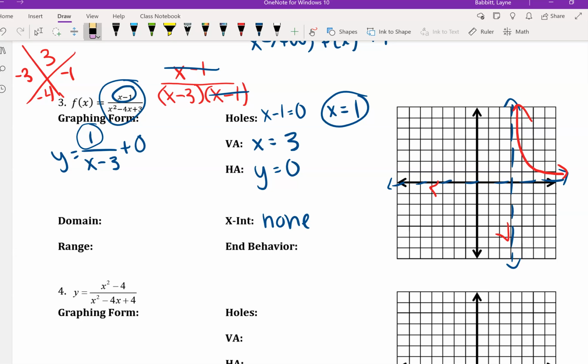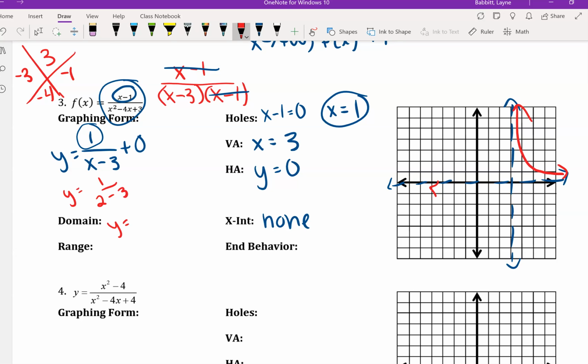I want to see where 2 is located so I know exactly where on this line to draw that curve. So I'm just going to do the new function, not the one with the holes. y equals 1 over 2 minus 3.